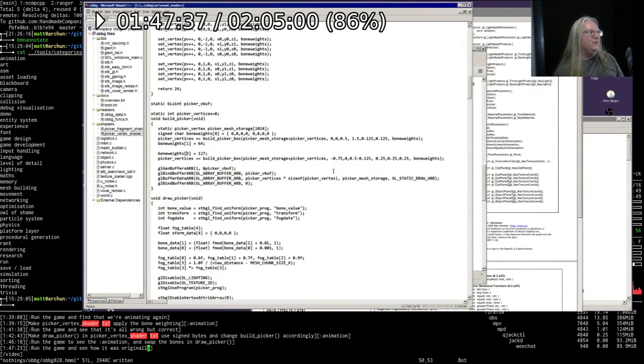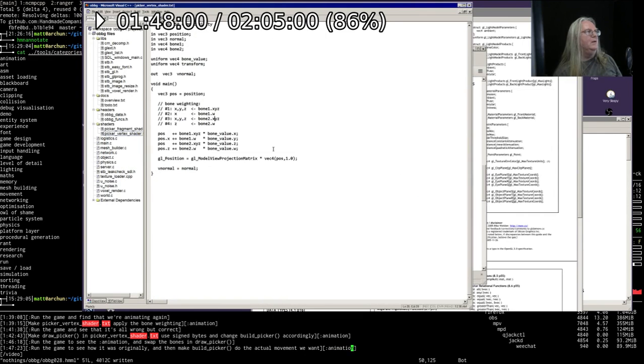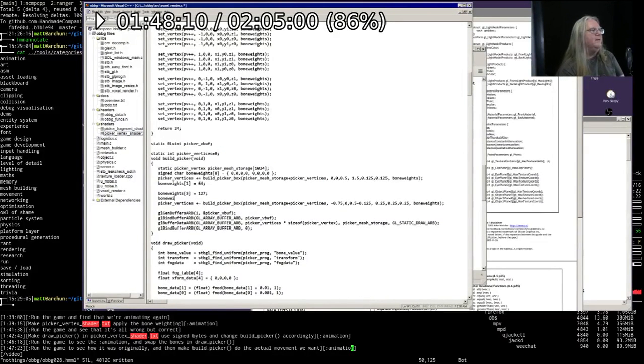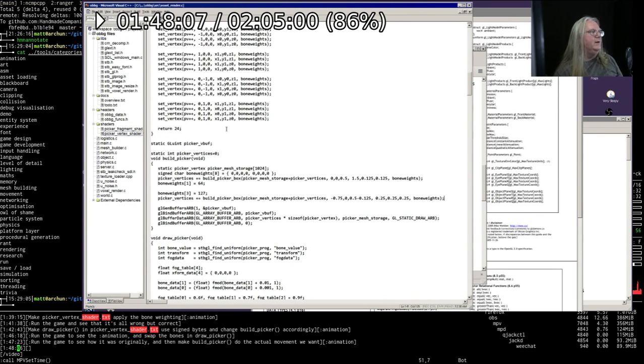Okay, so then the actual behavior I wanted, I wanted to add some Z movement, which is number 4.